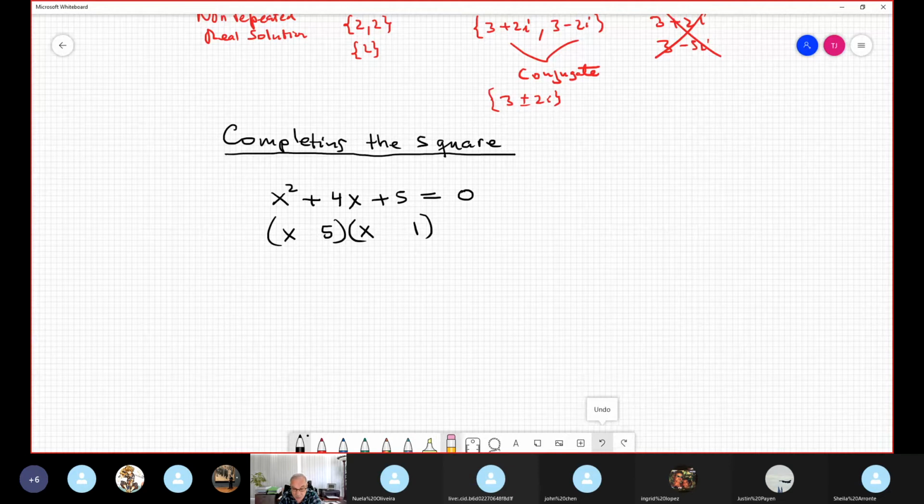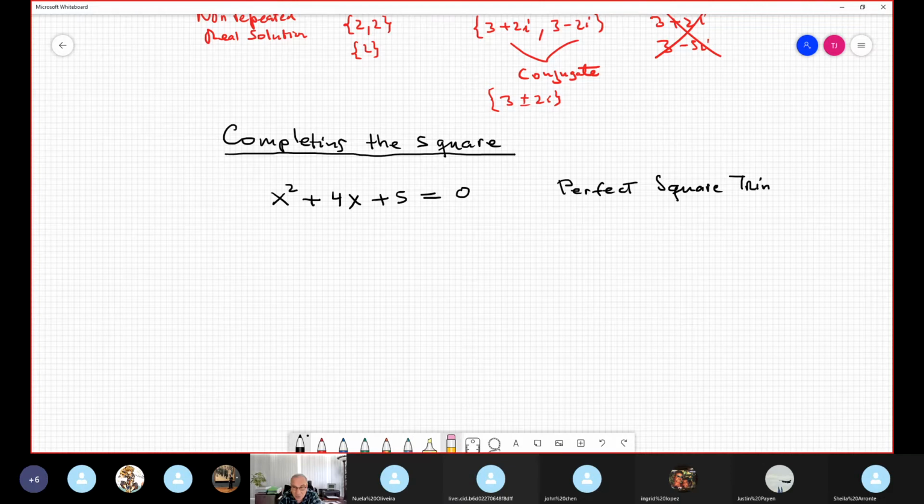What is the idea of completing the square? Well, let me show you. Let's try to find a perfect square trinomial associated with that. So I know that x squared plus 4x would be a perfect square if it were 4, not 5.